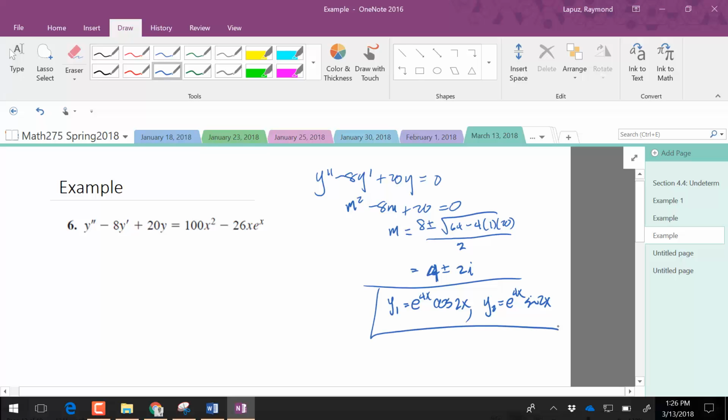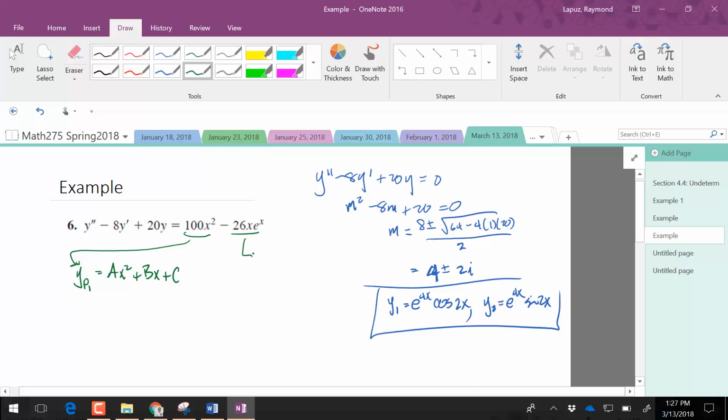All right, we have our solution to the homogeneous portion. Now we're going to break this up into two particular solutions that we're going to find. This is going to be associated with y sub p sub 1. Since this is a quadratic, we're going to use a general quadratic term, ax squared plus bx plus c.